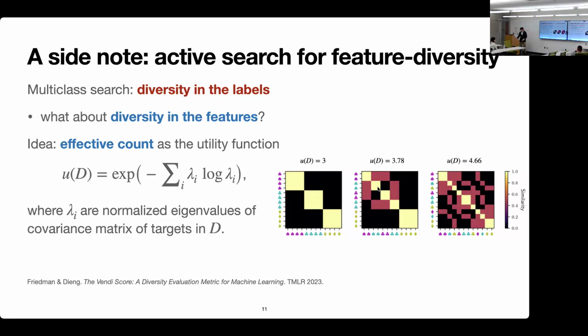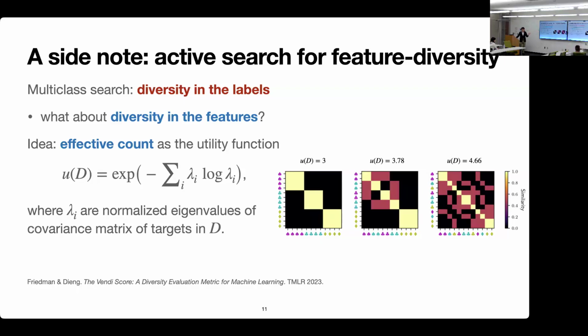But if there's more going on in your data set, if your data points are slightly different from one another, then that effective count number will appropriately increase. And we are able to account for this because we are computing this covariance matrix that we're showing here, which actively accounts for the similarities between the different data points.